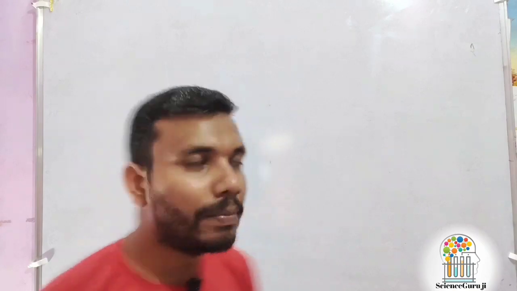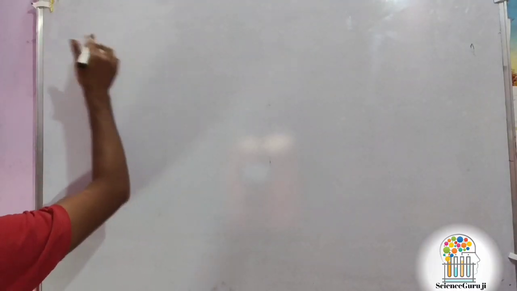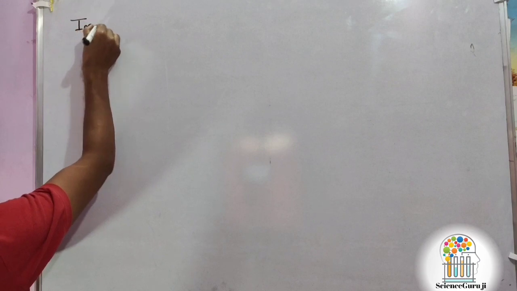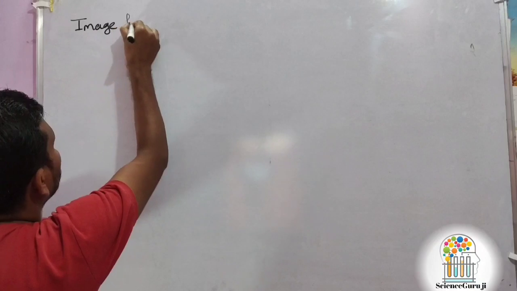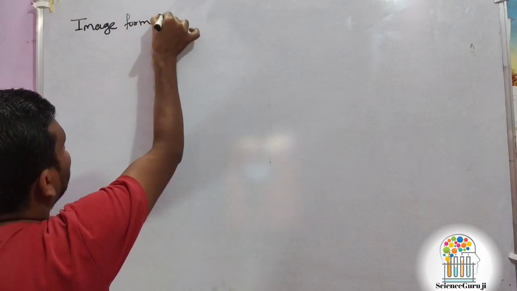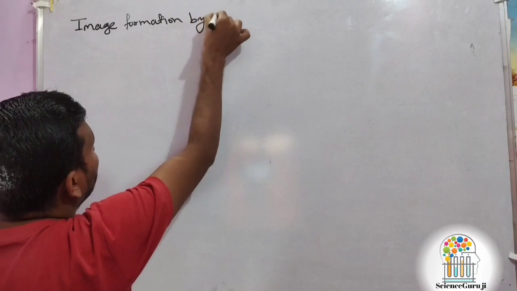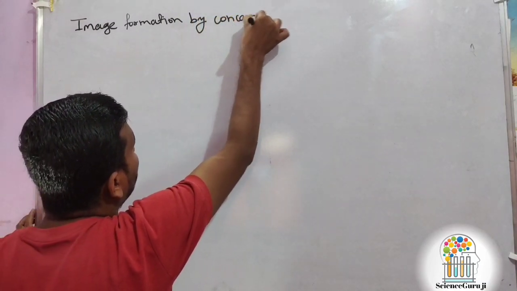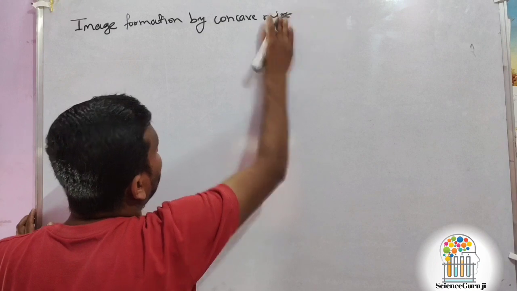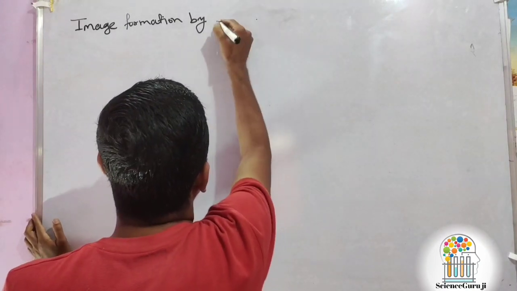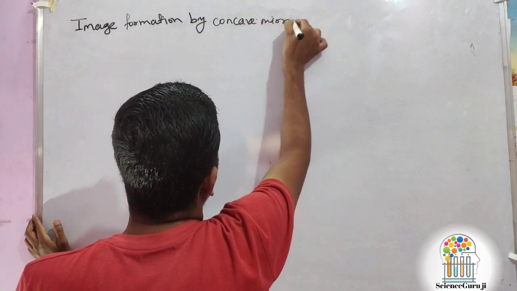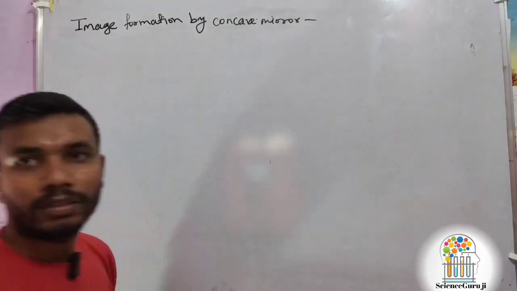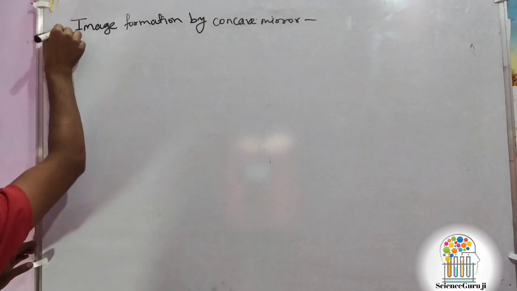Let's start our next topic, image formation by the concave mirror. With the help of a chart, we will understand how many types of image get formed by the concave mirror. So by the help of a diagram we will understand this.